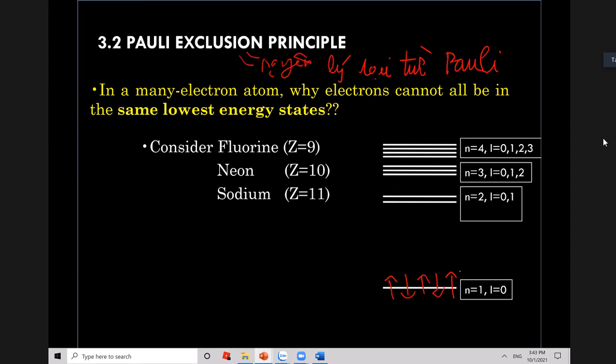There is a difference between them: more than one electron in this energy level. However, you can see that fluorine, neon, and sodium have very different chemical properties. You need to remember the properties of fluorine, neon, and sodium.